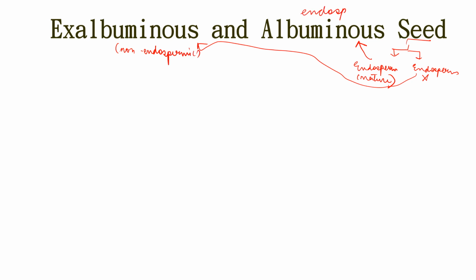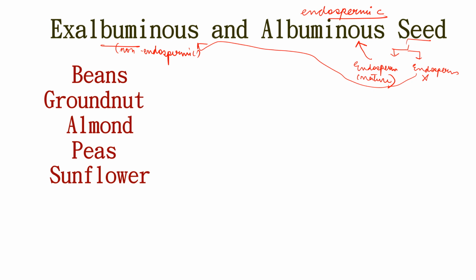The reason you must know by now. For ex-albuminous seeds, the examples are beans, groundnut, almonds, peas and sunflower. These five are the examples of ex-albuminous seeds that do not contain endosperm till maturity.